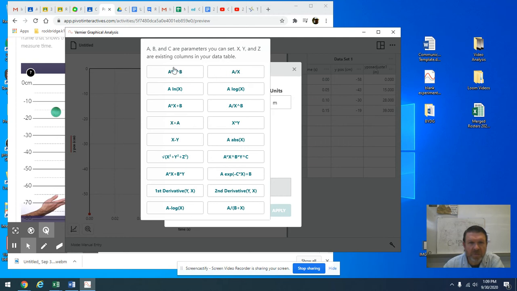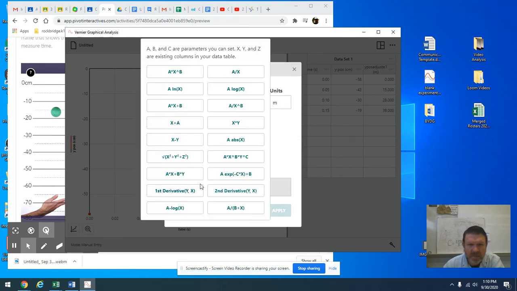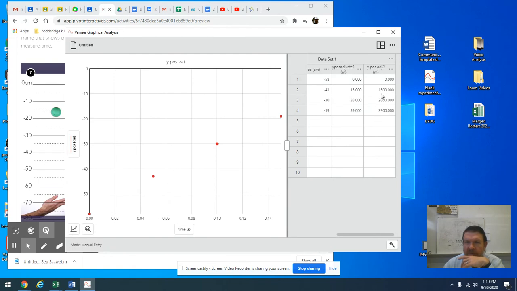So now I want to multiply by, oh, I don't want to multiply two times together. I guess we can do this. So parameter A, when multiplied by 100, that's Y position, and then there. Maybe I could have done it all here. I guess I could have. You can figure that out if you want. Oh, whoops, no.